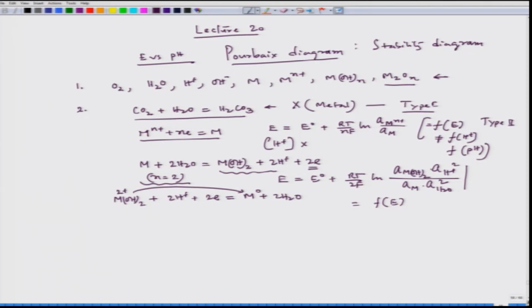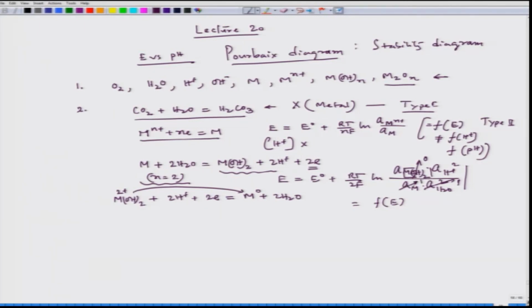But here, if we consider this particular hydroxide to deposit back or settle down, because of its very low solubility product, solubility constant, if we consider this to be pure and solid, I can consider activity to be 1, and if we consider it is pure water, it becomes activity 1.